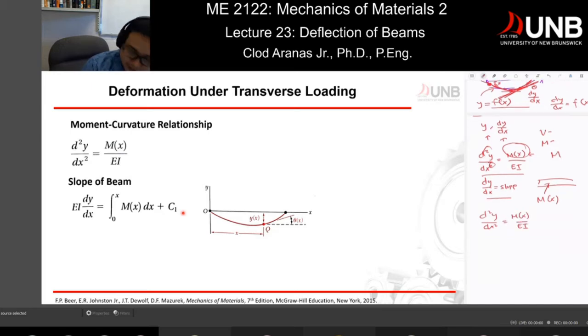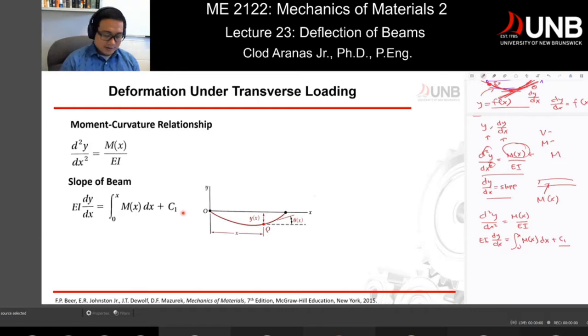So now we have our slope equation, which is dy over dx, equal to the integral from 0 to x of Mx dx plus C1. So we have a constant of integration from there.